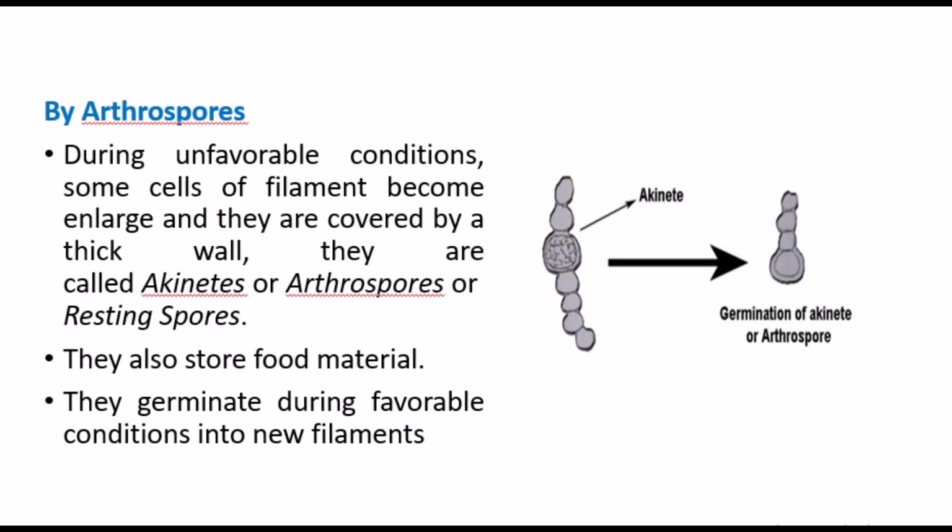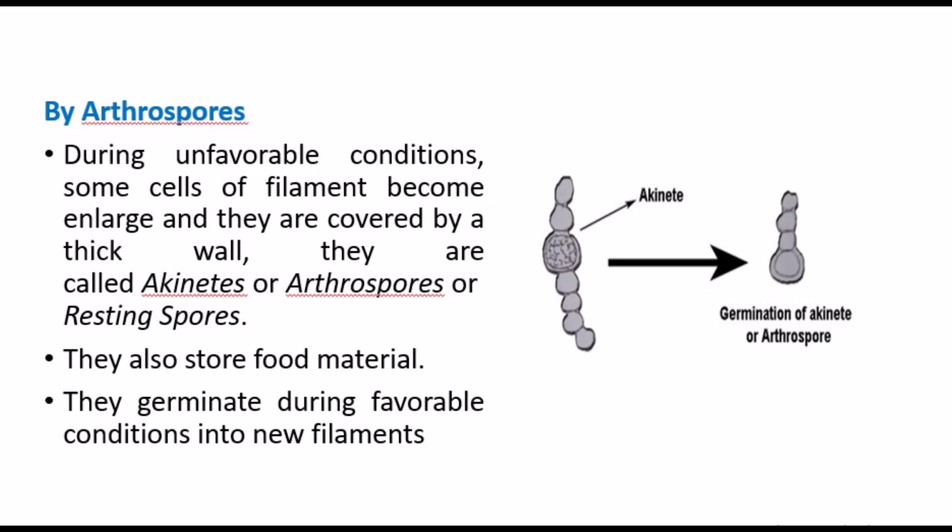Arthrospores are formed during unfavorable conditions where some cells of the filament enlarge and are covered by a thick wall. These are called akinetes or arthrospores or resting spores.